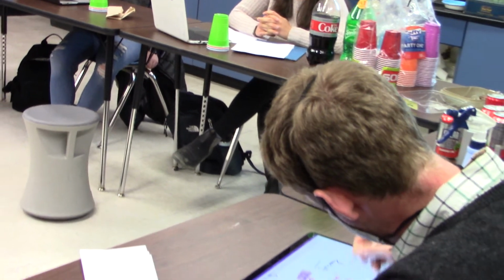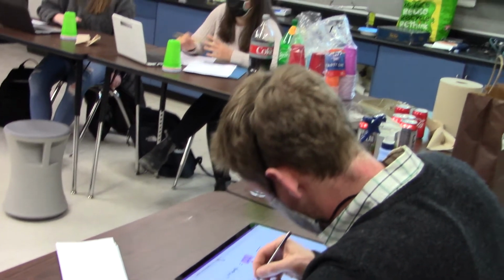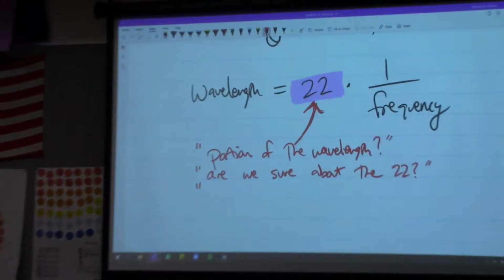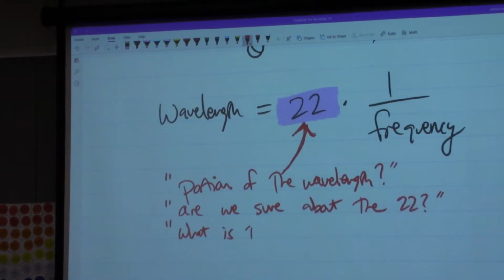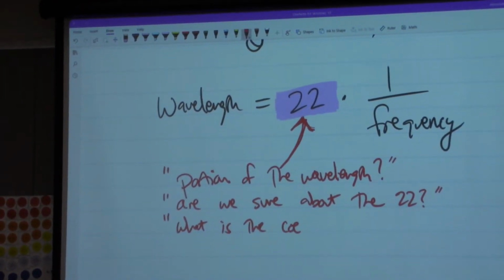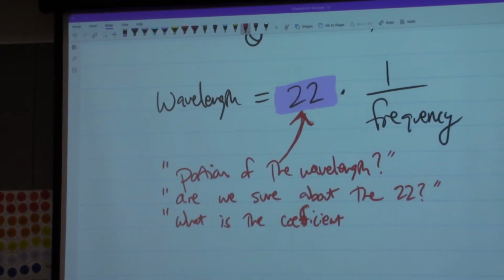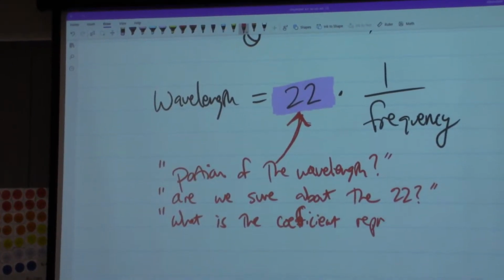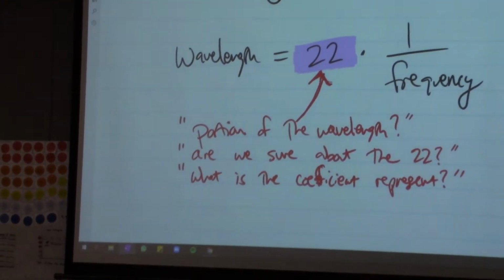Well, then you'd have to say it would be half a wavelength as y instead of a full wavelength. I guess 22 would stay for this equation, since it's for a full wavelength. So if it's for a full wavelength, it's always going to be 22.